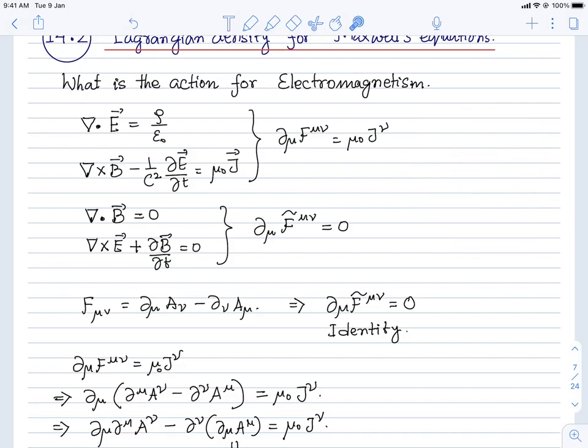This is the fundamental degree of freedom, and with respect to it we intend to write down a Lagrangian density whose equation of motion is going to be this covariant version of Maxwell's equation.